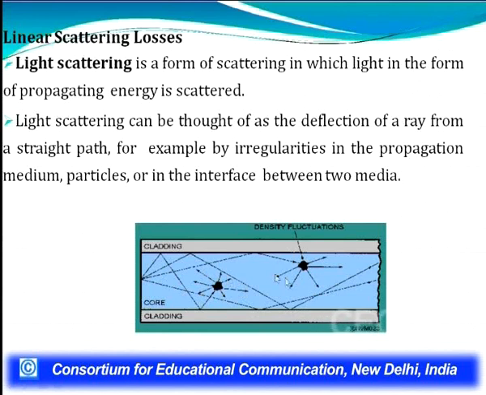Here we see the light is deflected from the straight path, so now the path will be changed. For example, by irregularities in the propagation medium, particles, or in the interface between two media. Because of this, light scattering losses will take place.